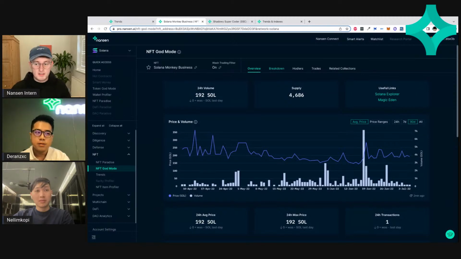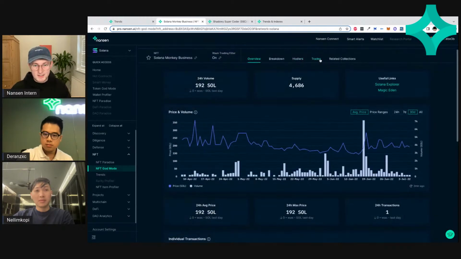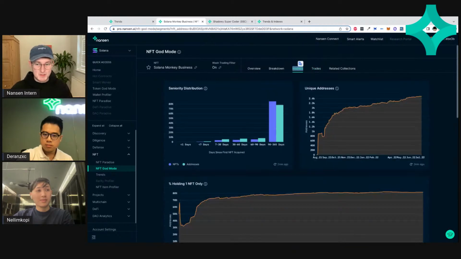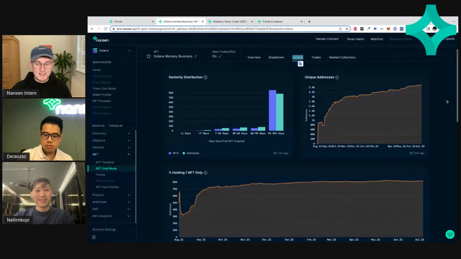You're so used to it, it feels kind of wild to go and buy something without seeing any data, like the number of holders, the floor price, how easily the floor can move, the price support levels, things like this. So now that we have it, it's much more appealing to go in and buy a Solana NFT, which I haven't done yet, but probably will end up doing. I keep looking, resisting, but I'll probably end up buying one.